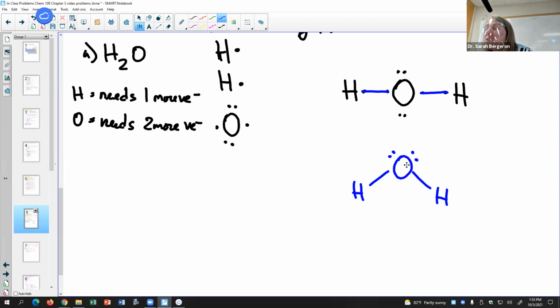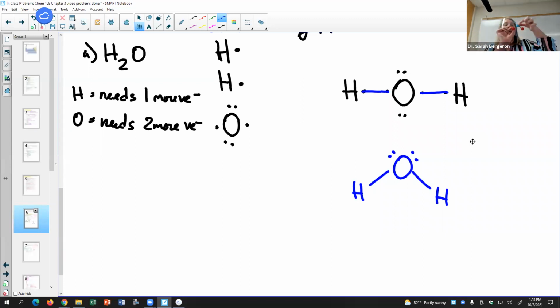And remember, all electrons are negatively charged, so they repel each other. So because these 2 electrons are spread out over a greater distance, they don't take up as much room as these pairs of electrons. So these 2 take up more space, and what you end up having is a molecule like this, right?